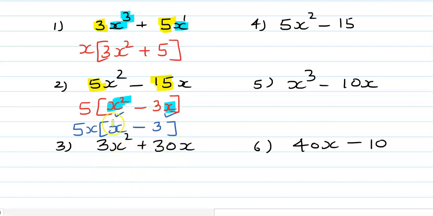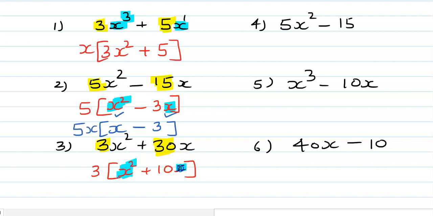Here again, sort out the number first. So it is 3 and 30. So what will be the highest common factor here? So it is 3 only. So 3x squared, 3 is out. So x squared left. And 30 divided by 3, that is 10 and x. Now we can sort out this x squared.